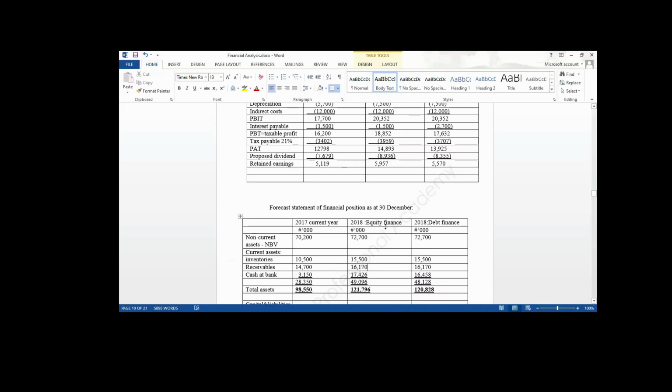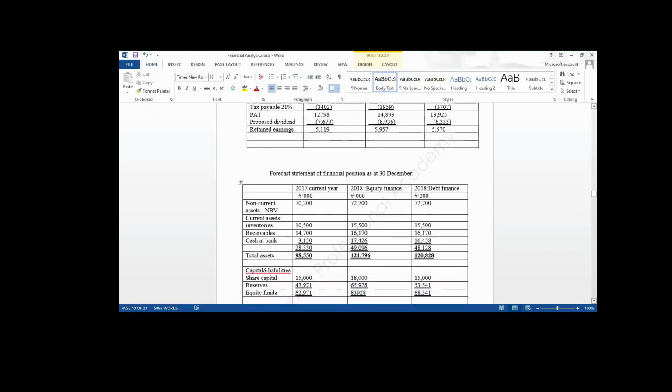Whether you finance by equity or you finance by debt, in 2018 our receivables will become 16,170, or 172, Abi? I think 172.